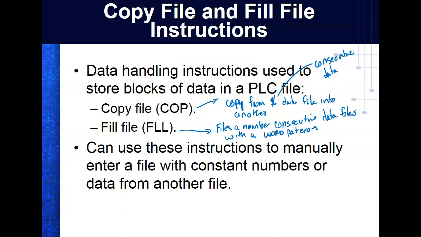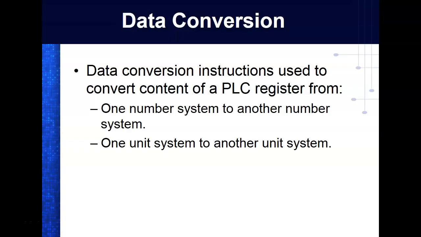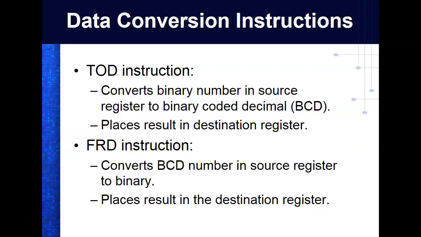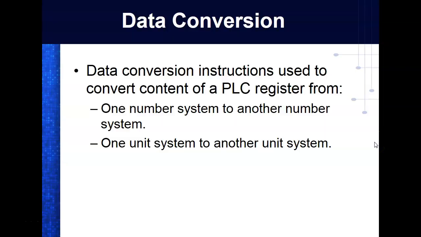So fill, copy is going to take a number of consecutive data files from one location and copy them into the other. What address mode do you think these guys are going to use? Probably indexed addressing, I would think. So this doesn't show it. Do y'all have an example in your book?